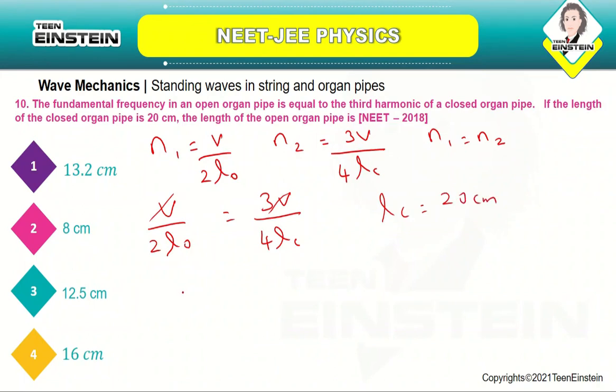So L0 is equal to 4LC by 6, or 4 into 20 by 6. This becomes 40 by 3.